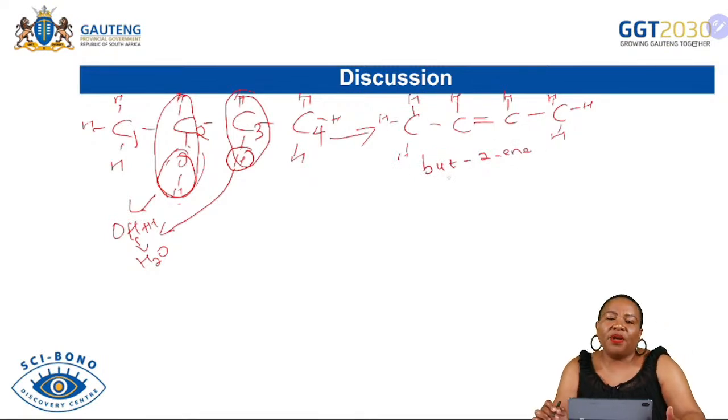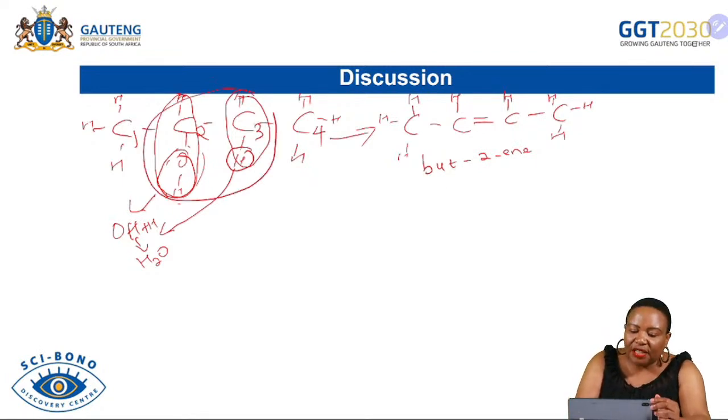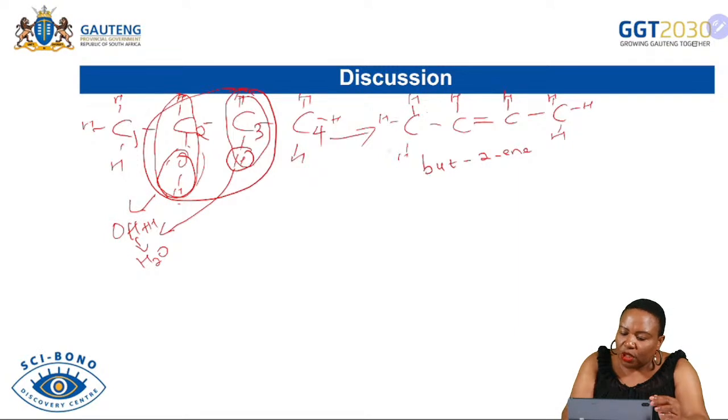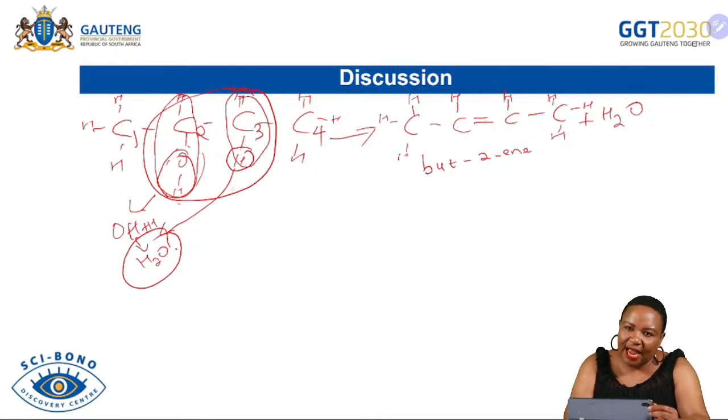We are not going to form but-1-ene in this structure, because the two carbons that are affected are carbon number 2 and number 3. So we know that it will be but-2-ene plus H2O, because H2O is one of the products formed during the dehydration. So this process is known as dehydration.